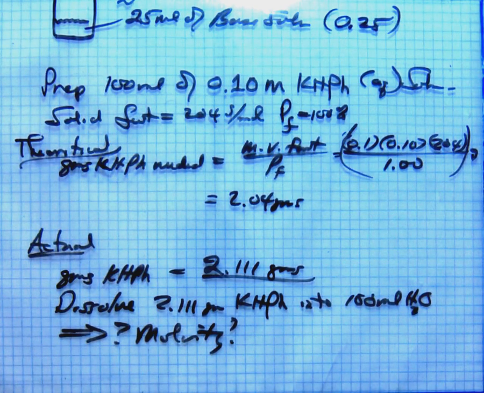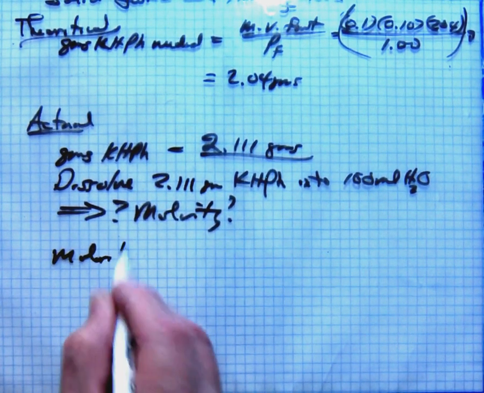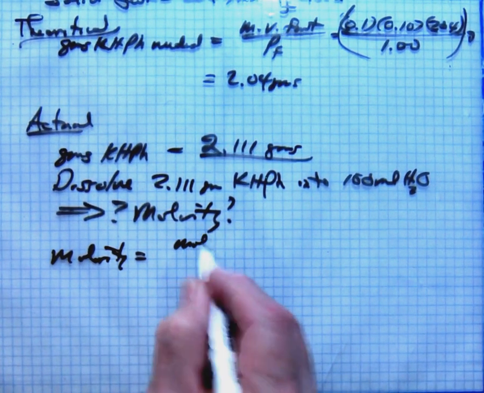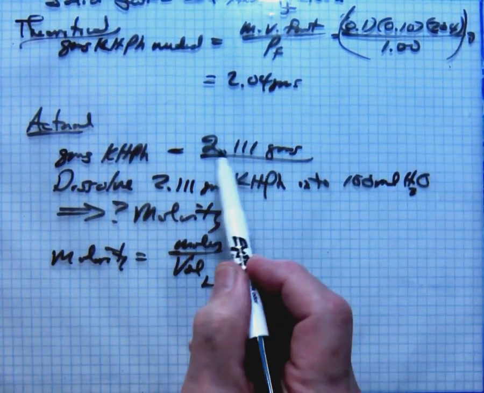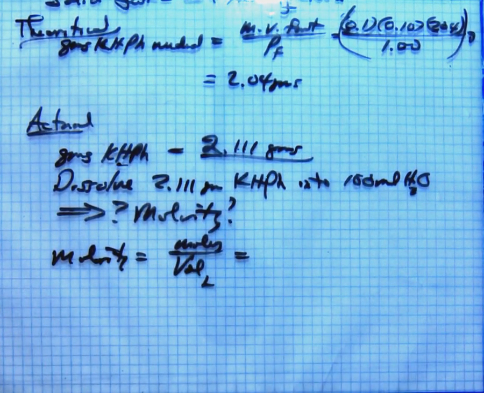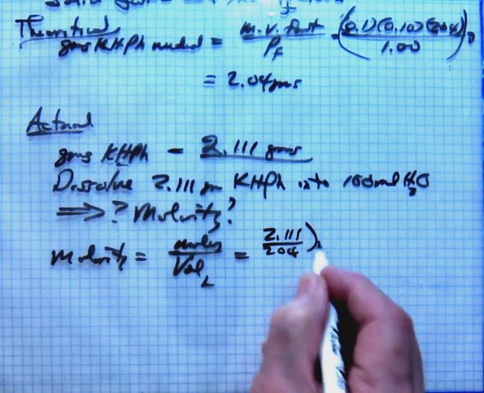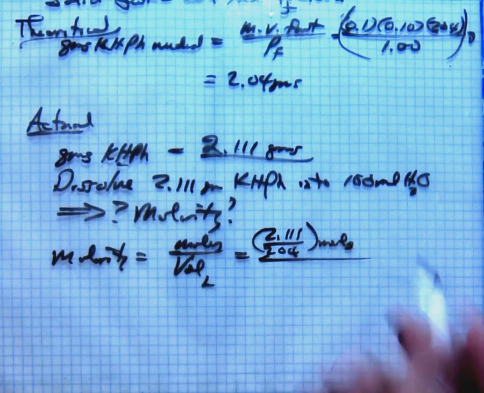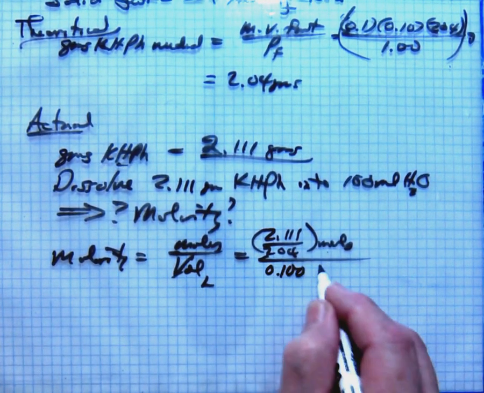Well, molarity is moles over liters, right? So molarity equals moles over volume in liters. So 2.111 grams of KHP. How do I get grams to moles? Divided by what? Formula weight. Thank you. So 2.111 divided by 204 moles divided by a volume of 100, so that's 0.100 liter.